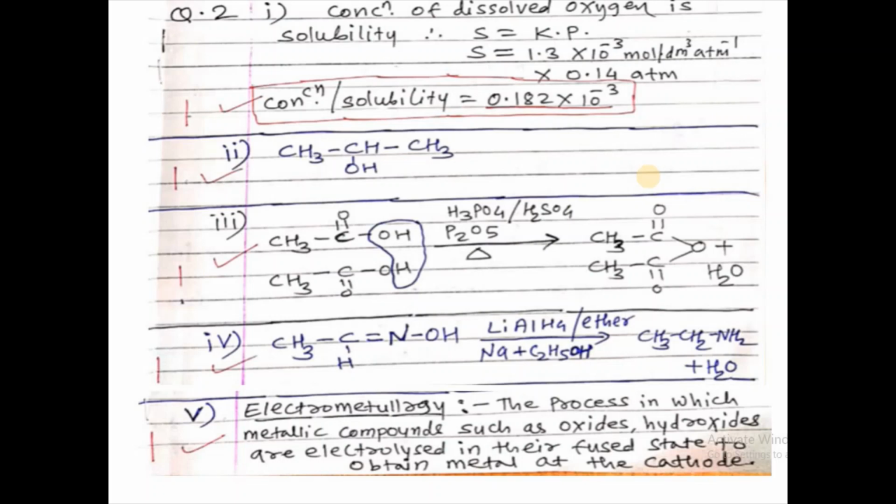Then second question is, write the structural formula of the alcohol that results when acetaldehyde is reacted with CH3MgBr in the presence of dry ether and the product is hydrolyzed. That means it is the reaction between aldehyde other than formaldehyde with Grignard's reagent, and aldehyde other than formaldehyde reacts with Grignard's reagent to form secondary alcohol, and the answer is CH3CHOHCH3, or you can write (CH3)2CHOH.